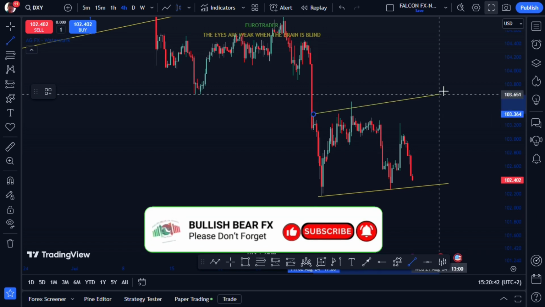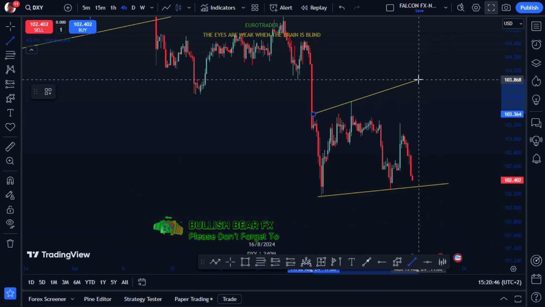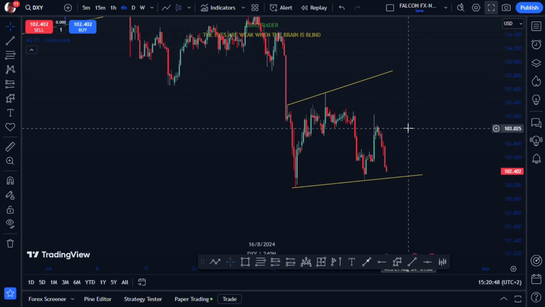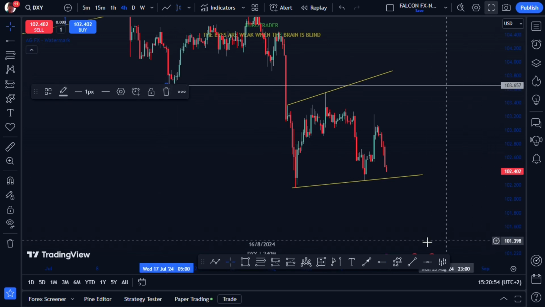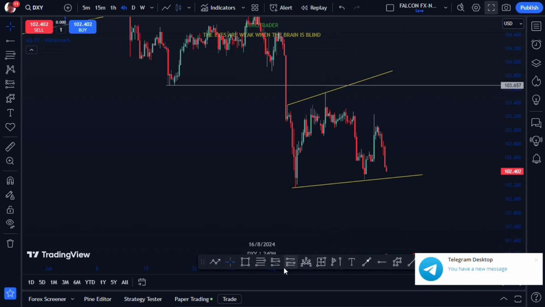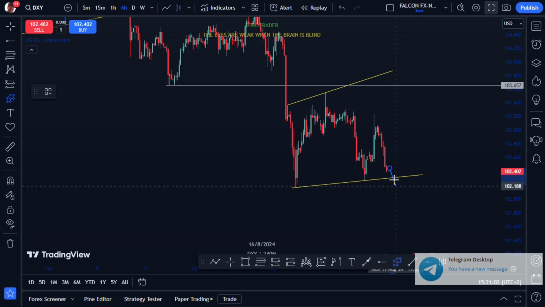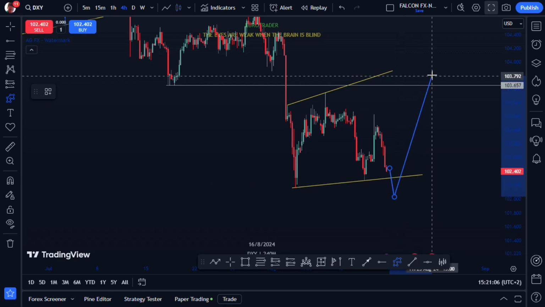Let me draw it for you guys. So see this one. This is what I'm looking at, and then I'll draw in this. So you can see that the market may, if it will maybe come to retest that, yeah, this will be a trade for me.